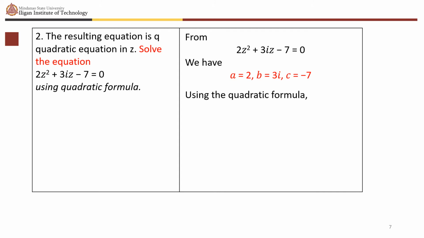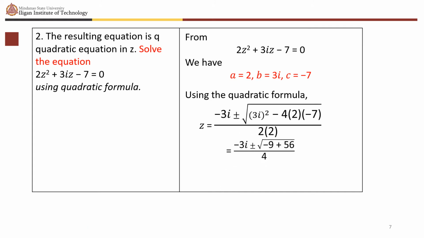So again, using the quadratic formula, since our b is 3i, minus b will be minus 3i, minus b plus or minus square root of b squared, so 3i squared, minus 4a is 2, then c is negative 7, all over 2a, so 2 times 2, our a is 2 here.